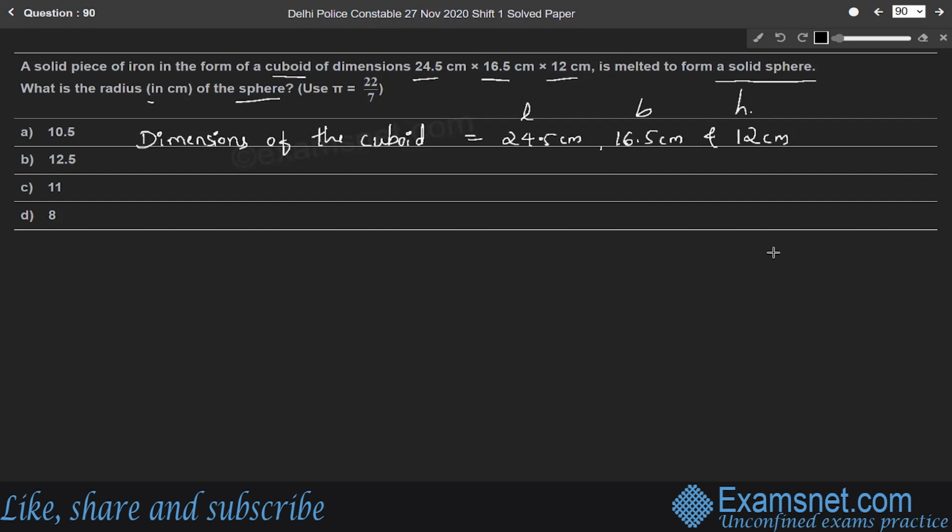When the cuboid is melted to form a solid sphere, the volume of the cuboid will be equal to the volume of the sphere. The volume of the cuboid is the product of length, breadth and height. The volume of the sphere formula is 4 by 3 pi r cube.